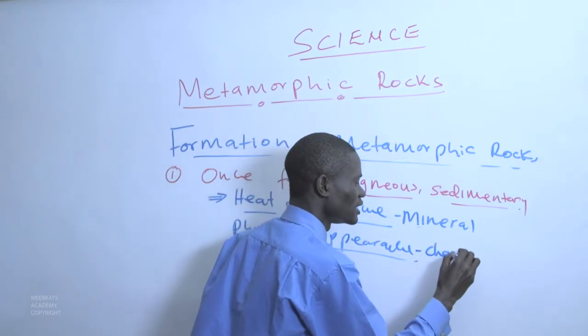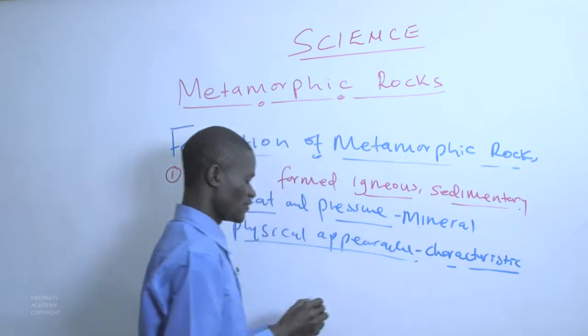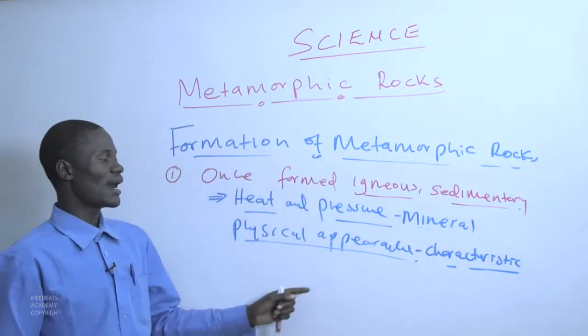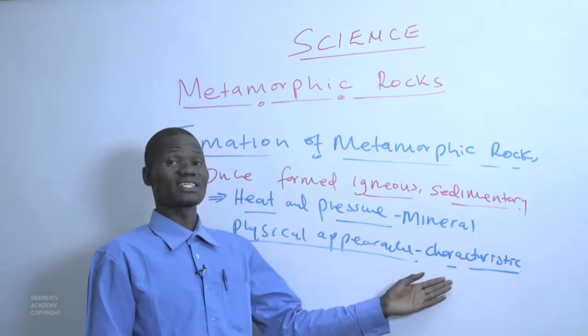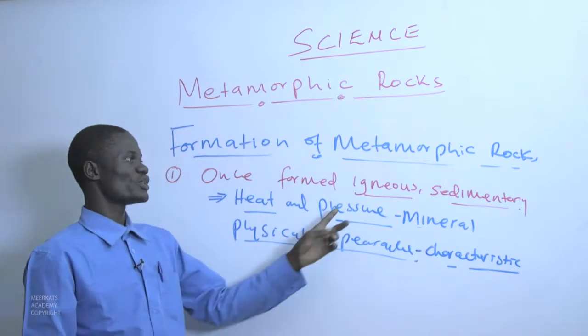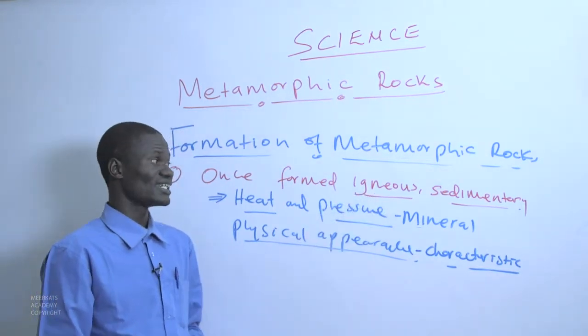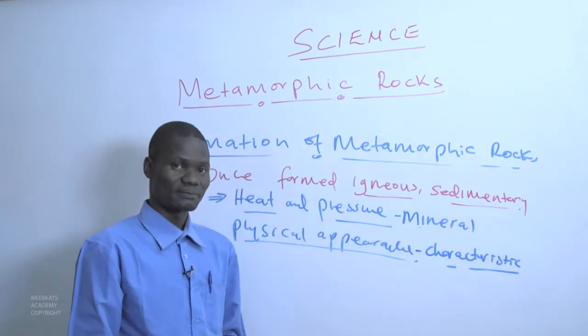In the previous lesson, we looked at the characteristics, because we said different minerals have different mineral content, and they also have different characteristics. Therefore, those initial characteristics that we knew about the igneous rocks and the sedimentary rocks are going to be changed.